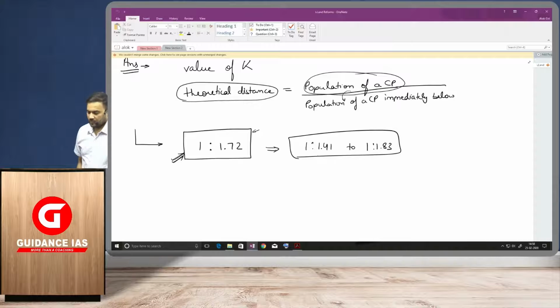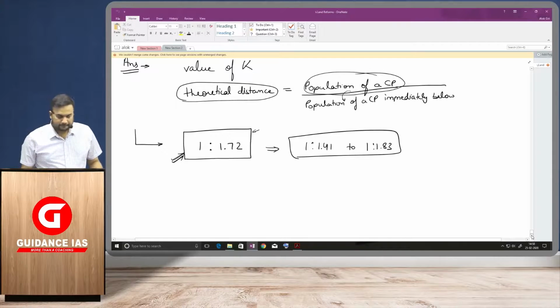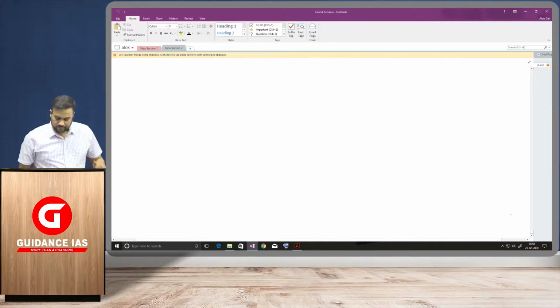Okay? So look, there are two exceptions where this does not hold. And which are the exceptions? The exceptions are like this.